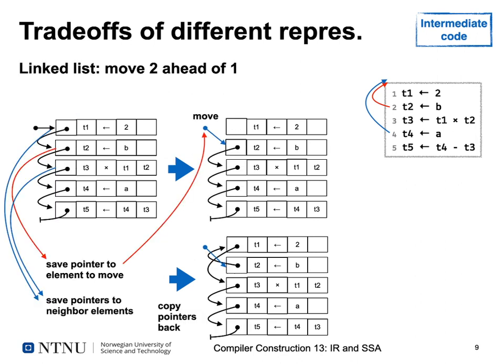And finally, for a linked list, it gets a bit more complicated because in a linked list, we have to indicate the start of the list. So our list now no longer starts at instruction number 1, but instruction number 2. So we have to change the start pointer to point to instruction number 2. But this means we have to store the initial pointer to the start here. And then we also have to manipulate the following pointers here, because after our element 2, now we need to switch this pointer to point to element number 1, the one we stored before.